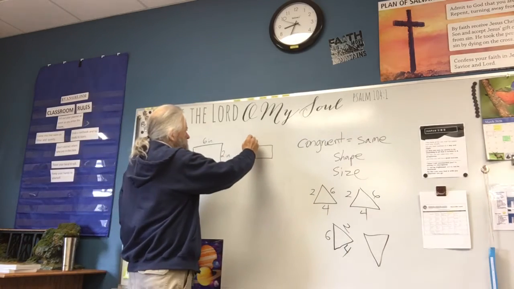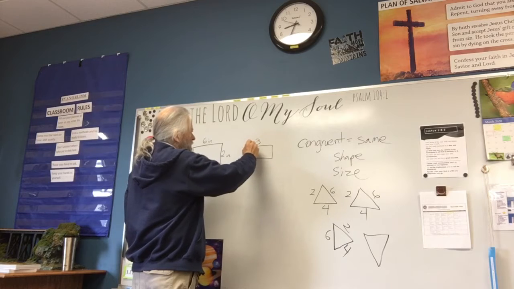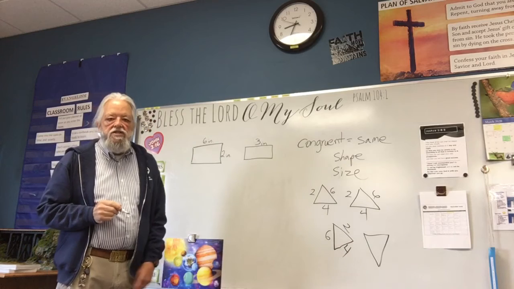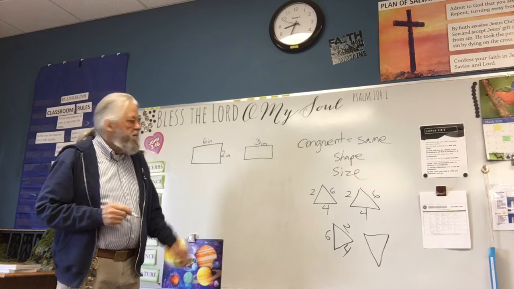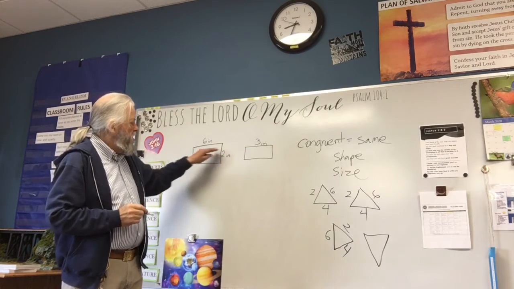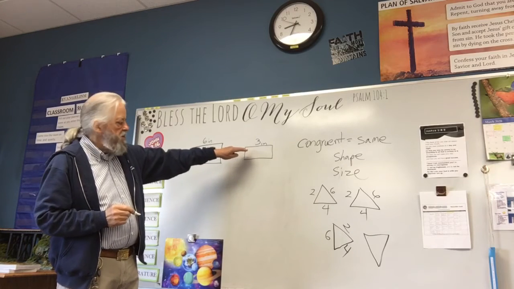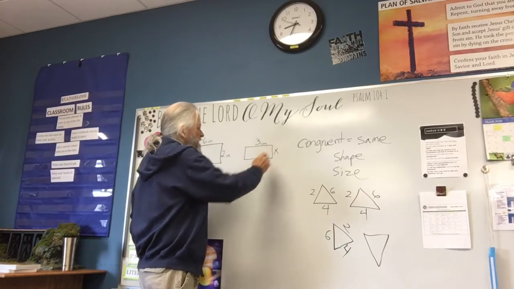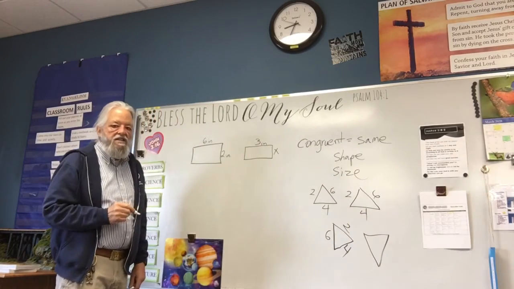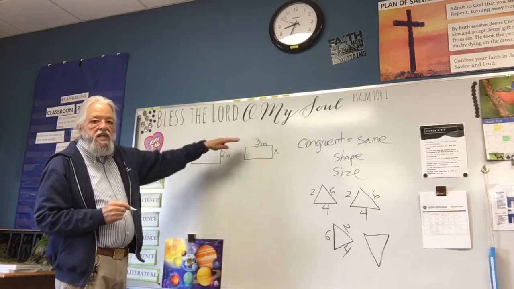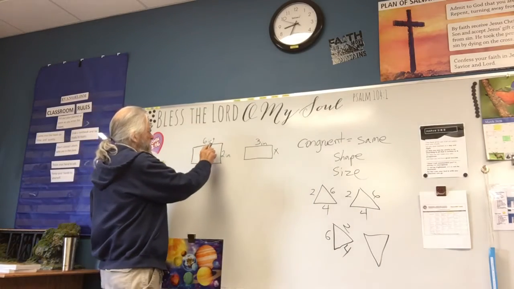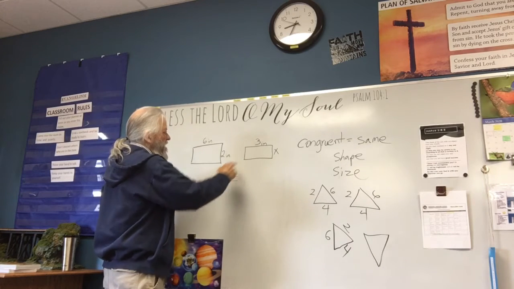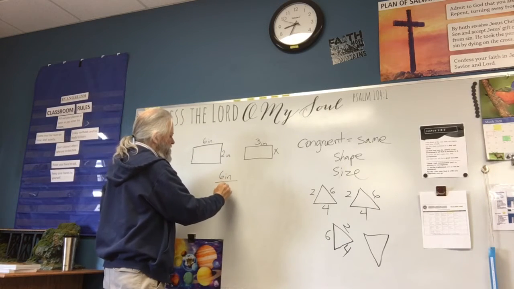And if all I knew was that the long side was 3 inches, okay? Notice same shape, but a different size, so these are similar figures. And if it asked me what was the measure of that side, it has to be in the same proportion. So here we have 6 inches compared to 3 inches.